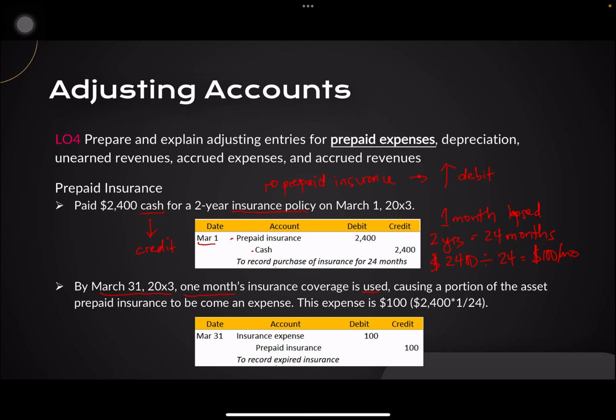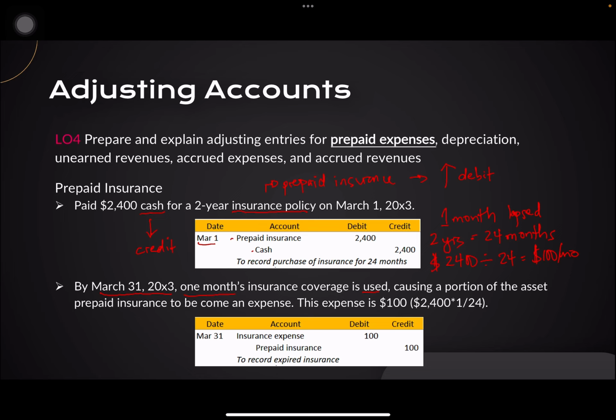Now that you have this analysis, what you need to do is decrease the value of your asset. And how do we decrease the value of our asset? We put it on the credit side. That decrease in your asset also signifies the expense that you incurred during the month.